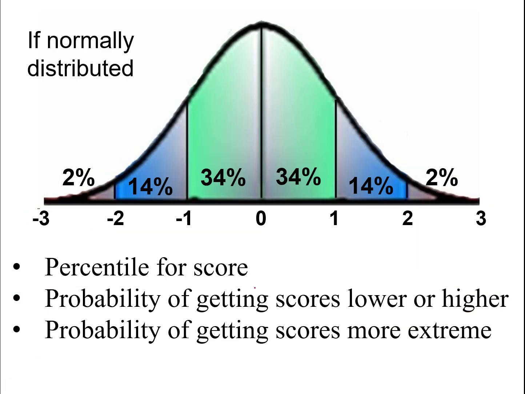But for right now, the thing to know is if you have these percentages memorized, you could figure these out without even looking them up on a table, without using a calculator. If I say someone has a z-score of 1, you just automatically know, well, that person's at the 84th percentile. The probability of getting a score higher than that is 16%. And that is everything for Part C of Unit 1.